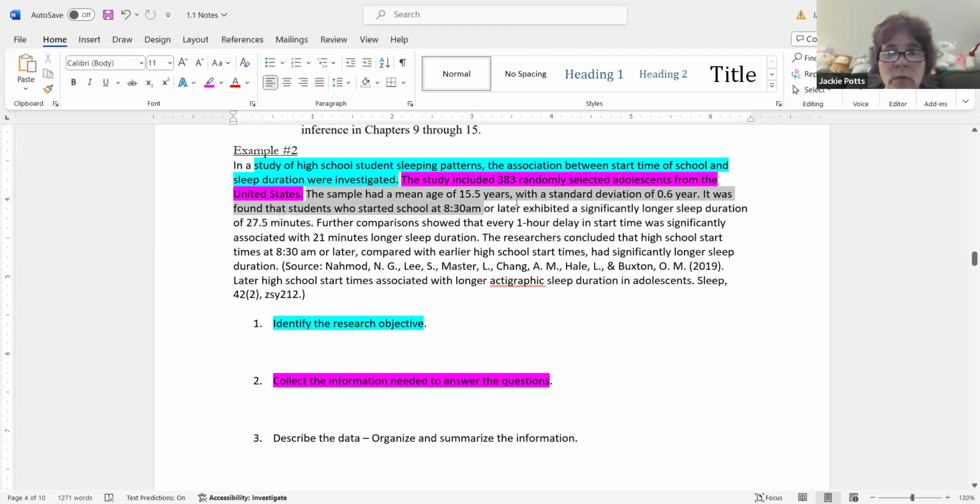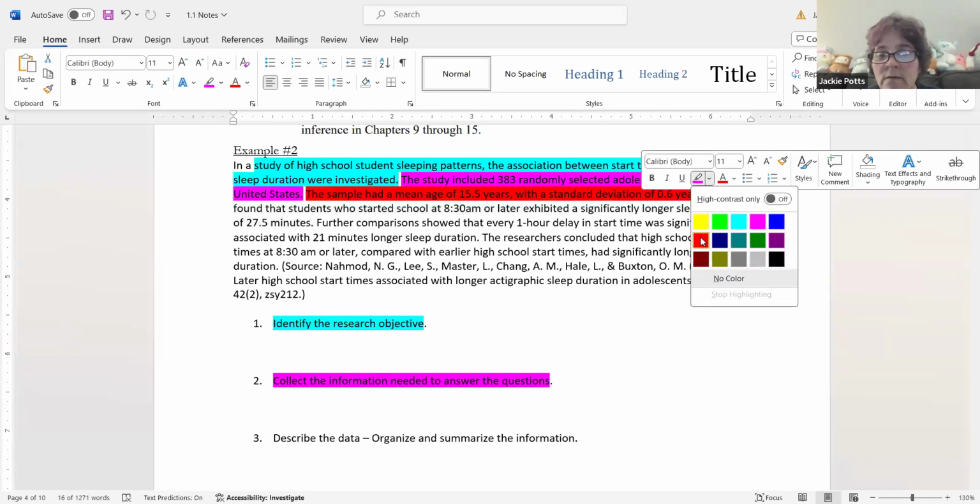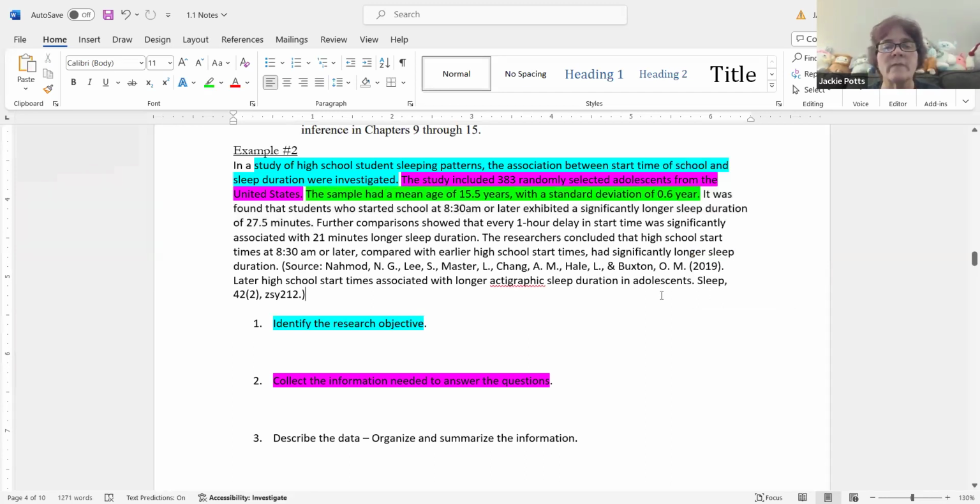Nope, just this piece. Let's go green. I like colorful. All right. So describe the data and organize and summarize it.